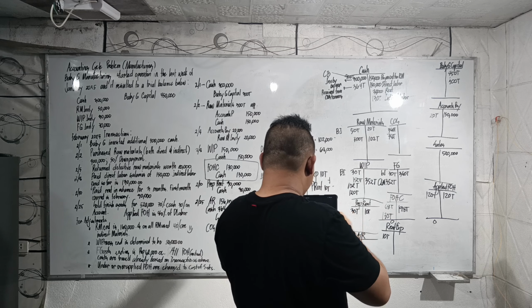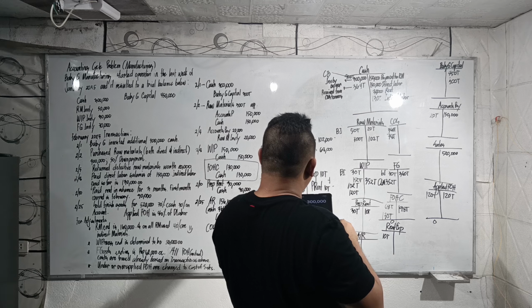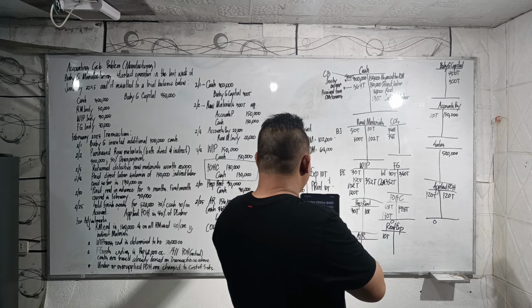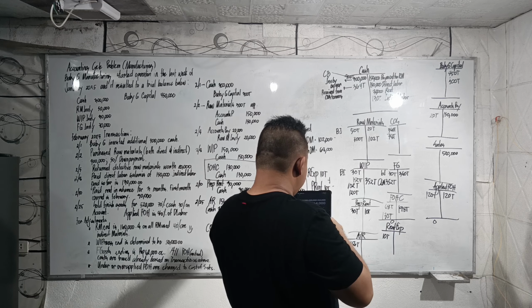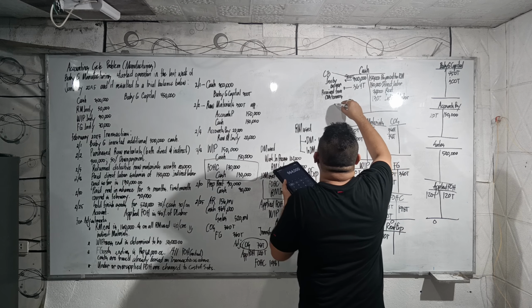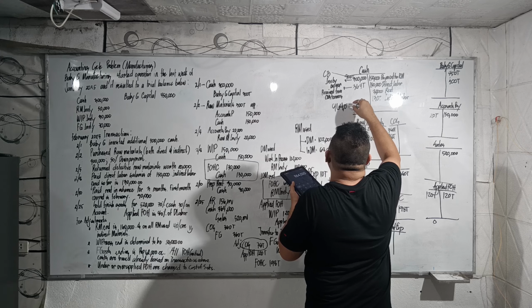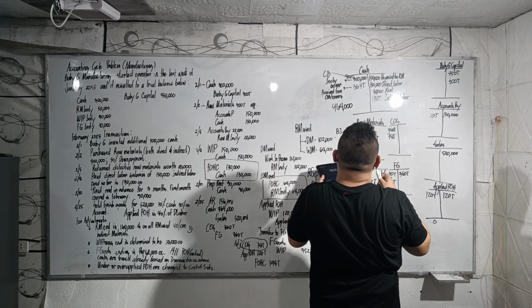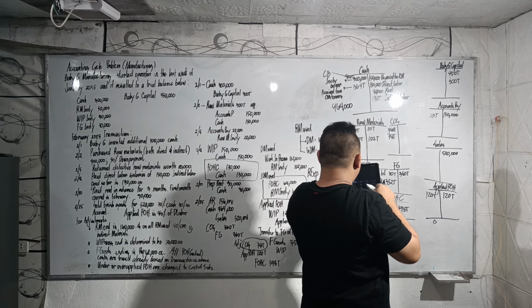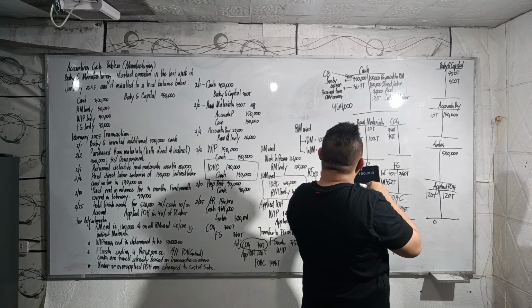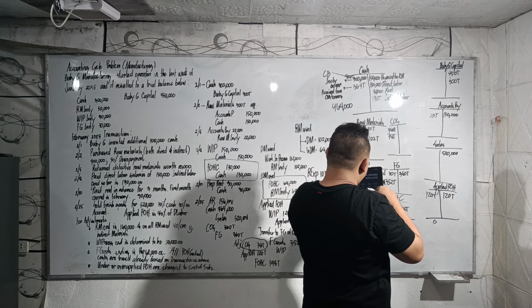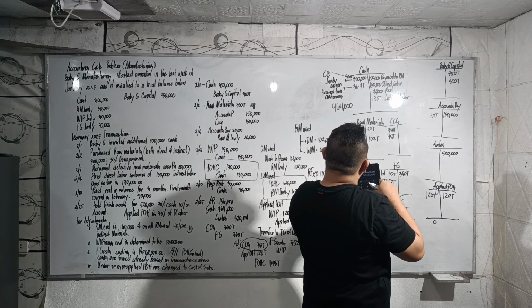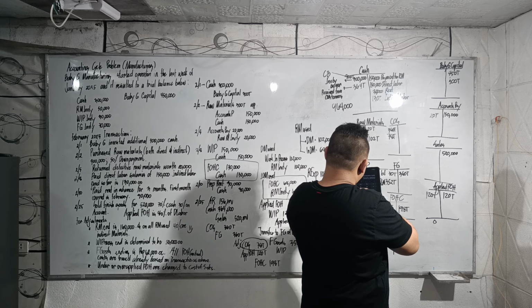So we have the cash. We have the first 300,000 as the beginning cash balance, then investment by the owner 300,000 again, and then from customers they paid 364,000. We have 964,000 here. And on the credit side we have 150,000 and another 150,000, and 30,000 for rent, and 130,000.